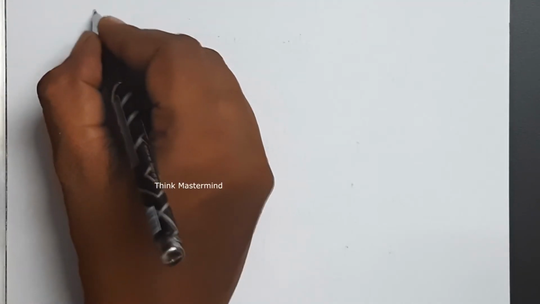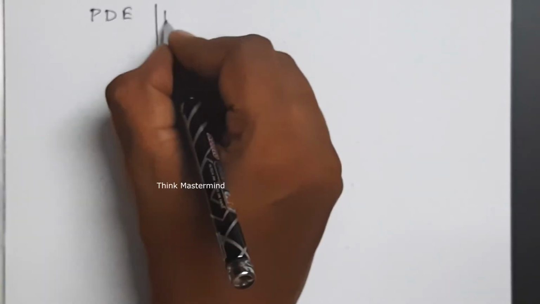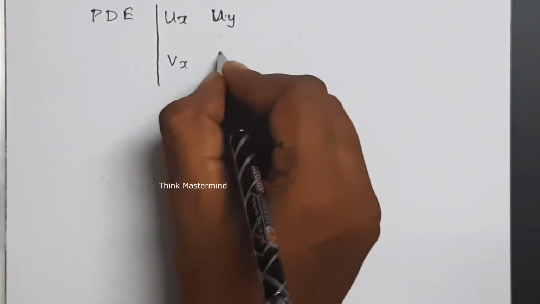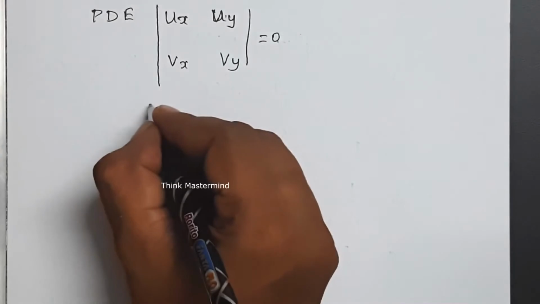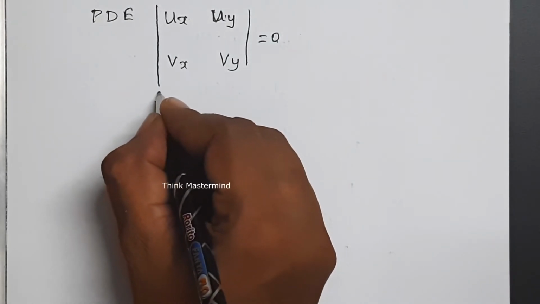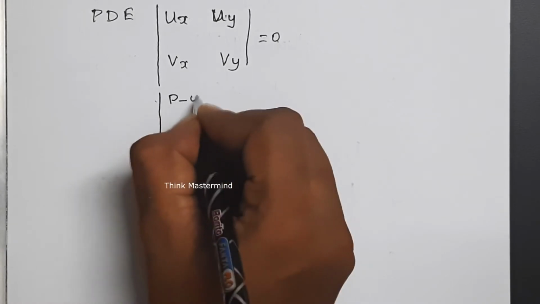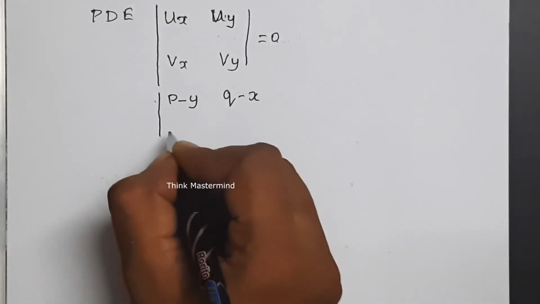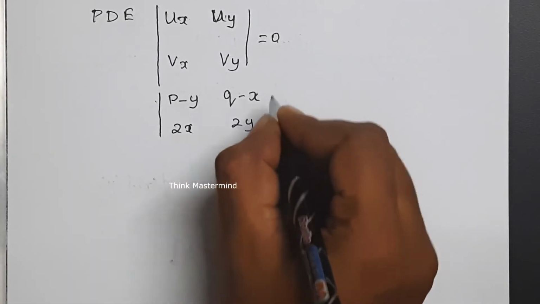Therefore the partial differential equation is the determinant of ux, uy and vx, vy is equal to 0. Substituting the value of ux as p minus y, uy as q minus x, vx as 2x and vy as 2y.